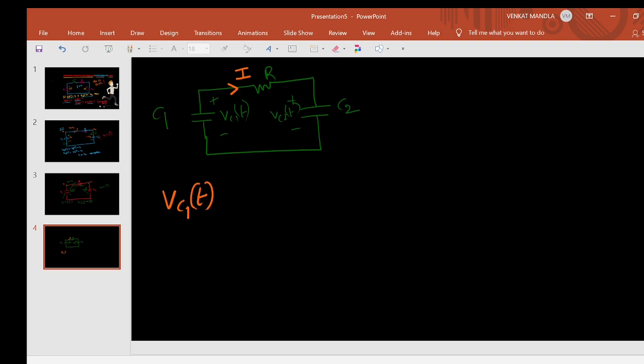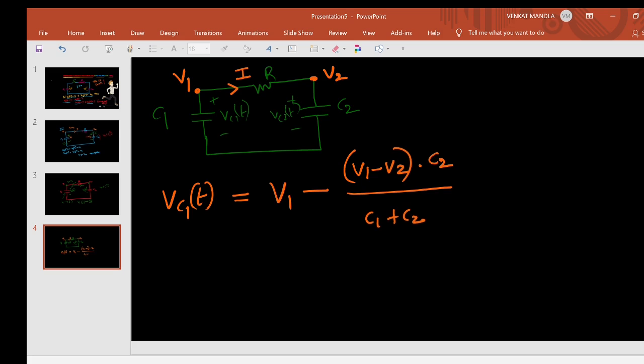Vc1(t) is equal to the initial voltage, Vc1(0) equals V1, minus, because for t greater than 0 this voltage is decreasing, the net voltage V1 minus V2 times the opposite capacitance C2 by C1 plus C2, times 1 minus e power minus t by tau.